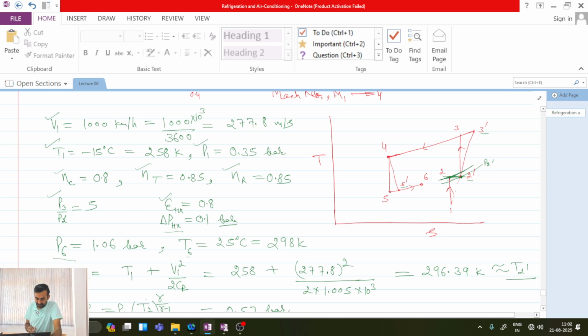And P6 and T6, which represent the cabin pressure and temperature, were 1.06 bar and 25 degrees Celsius.